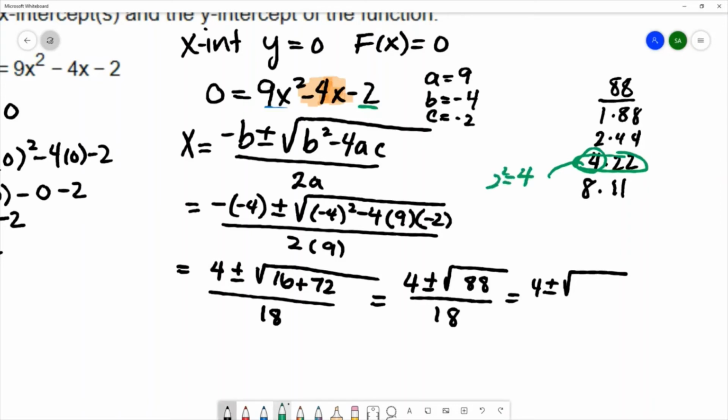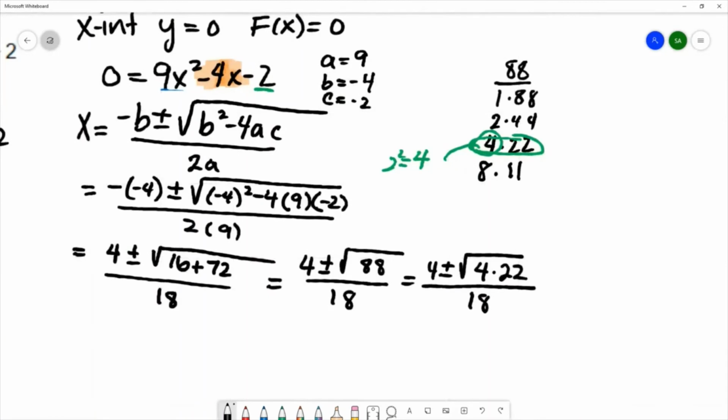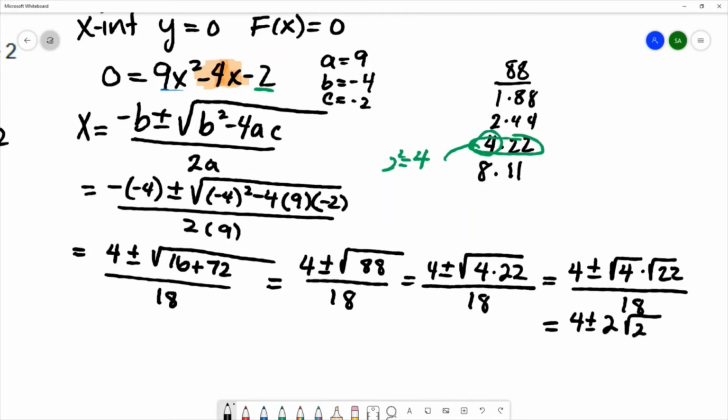That's going to allow me to simplify the radical. So that's 4 times 22 underneath the radical. And we're able to do the square root of 4 times the square root of 22. So we've applied that radical to each factor. The square root of 4 is 2. And 22 is not a perfect square, so I'm not able to simplify that anymore.